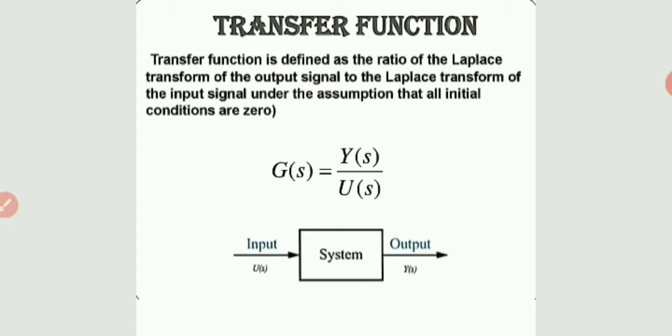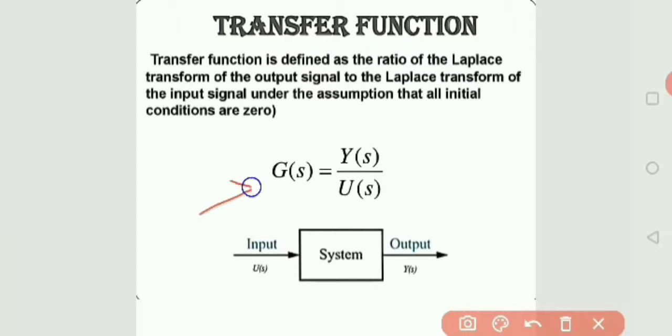The transfer function is the ratio of the Laplace transform of the output to the Laplace transform of the input. Generally, in control systems we prefer the Laplace transform. So G(s) equals the Laplace transform of the output upon the Laplace transform of the input.